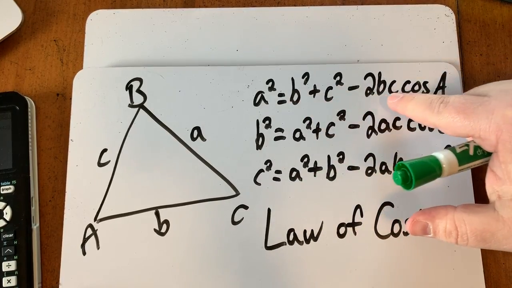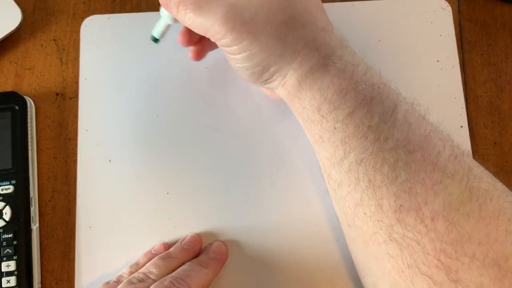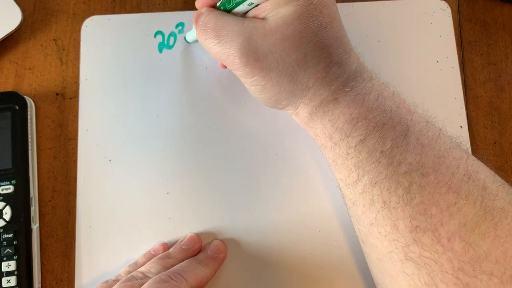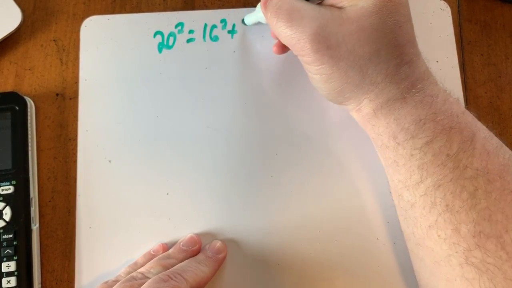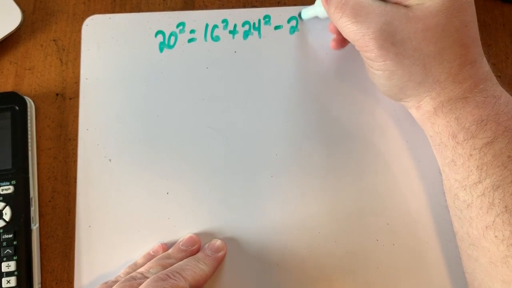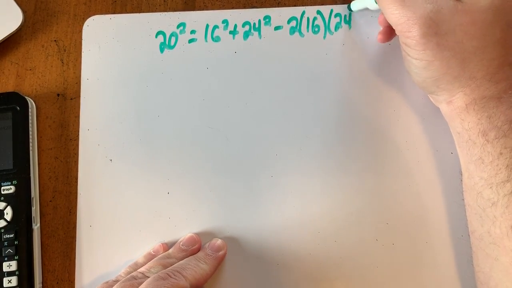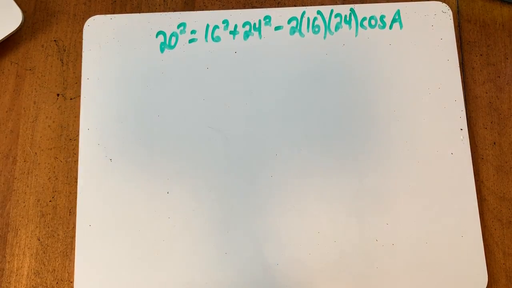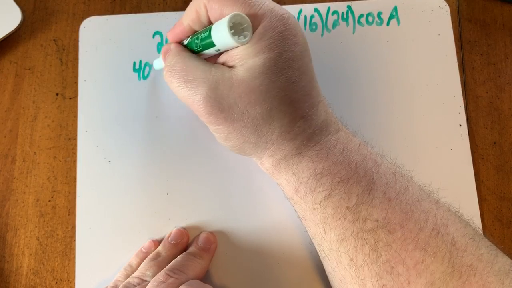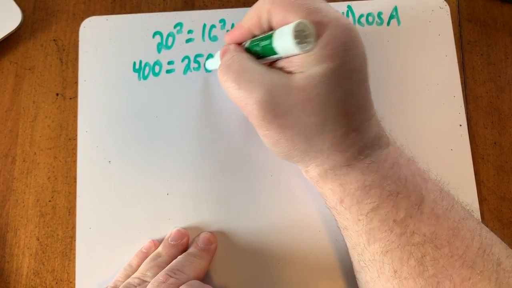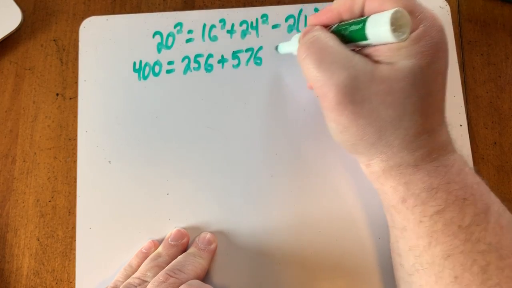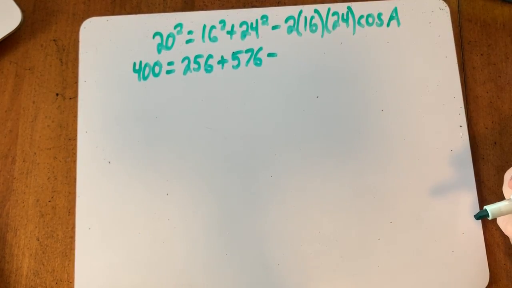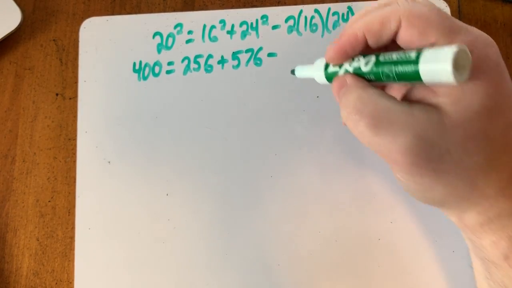A squared equals b squared plus c squared minus 2bc cosine of A. So 20 squared equals 16 squared plus 24 squared minus 2 times 16 times 24 times cosine of A. So we know some of this. 20 squared is 400, 16 squared is 256, 24 squared is 576, and then 32 times 24 is 768.